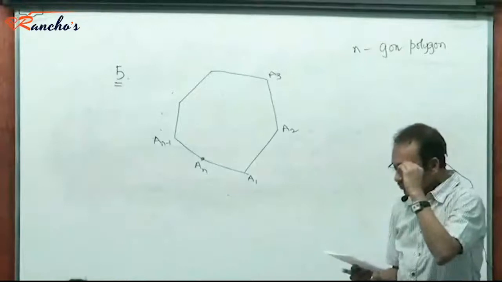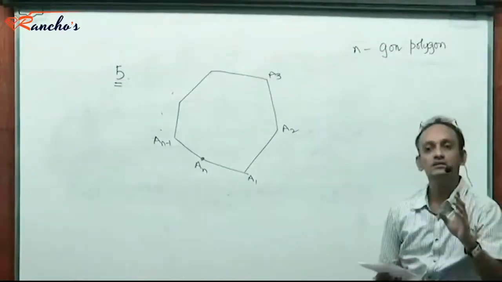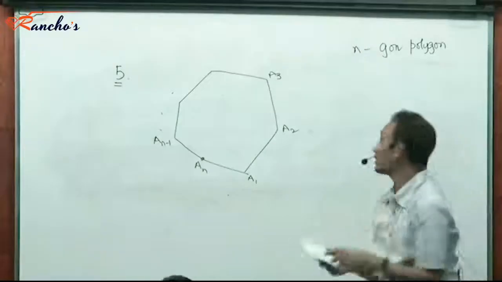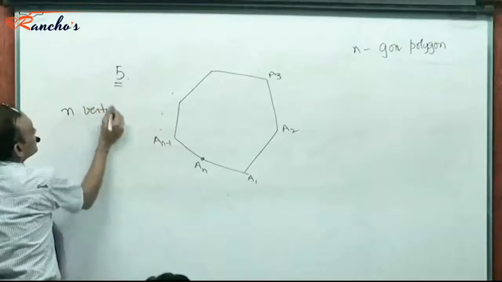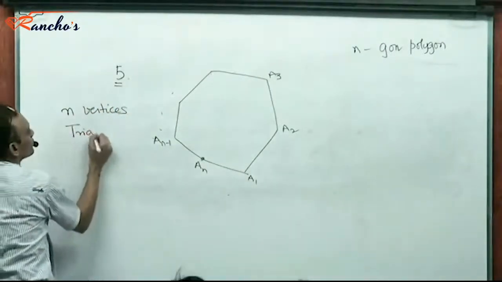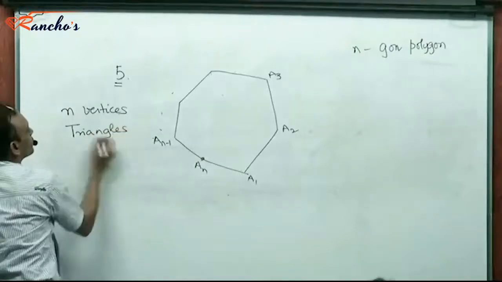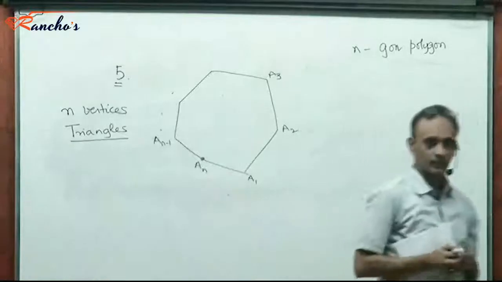Okay, so now what we want to do is create triangles out of the vertices of this polygon. How many vertices are there? N vertices. And we seek to create triangles out of these n vertices, right?